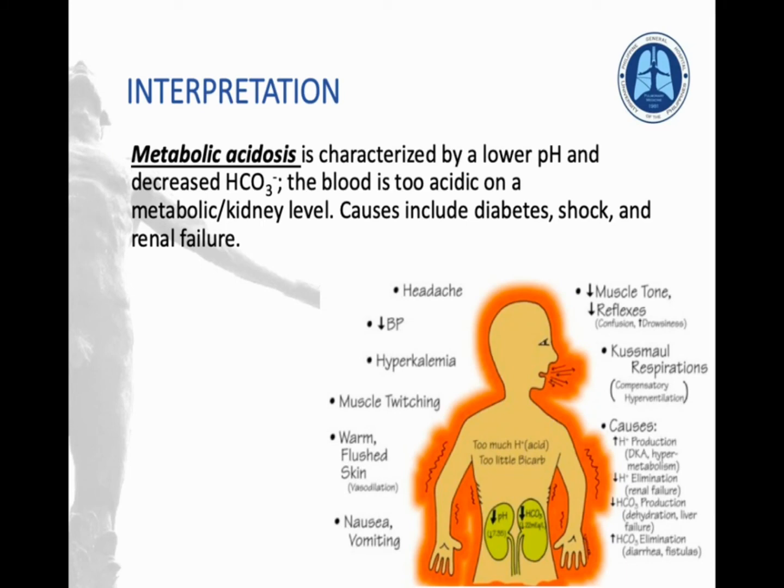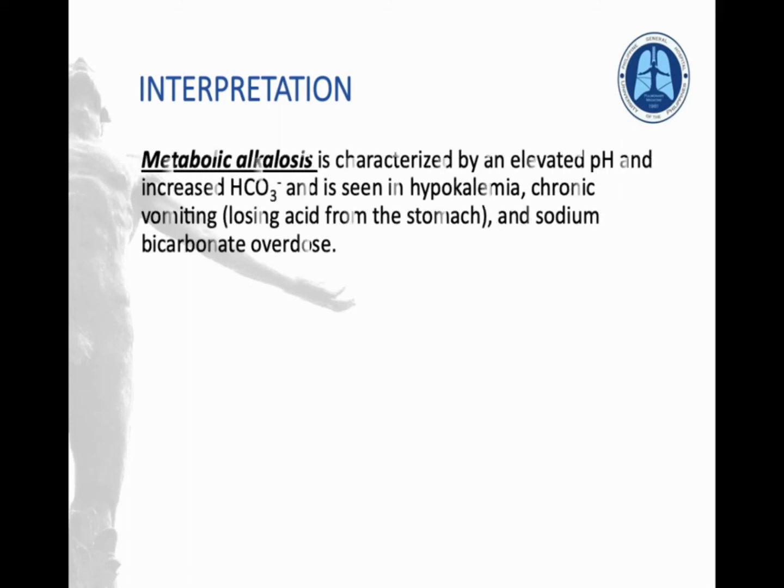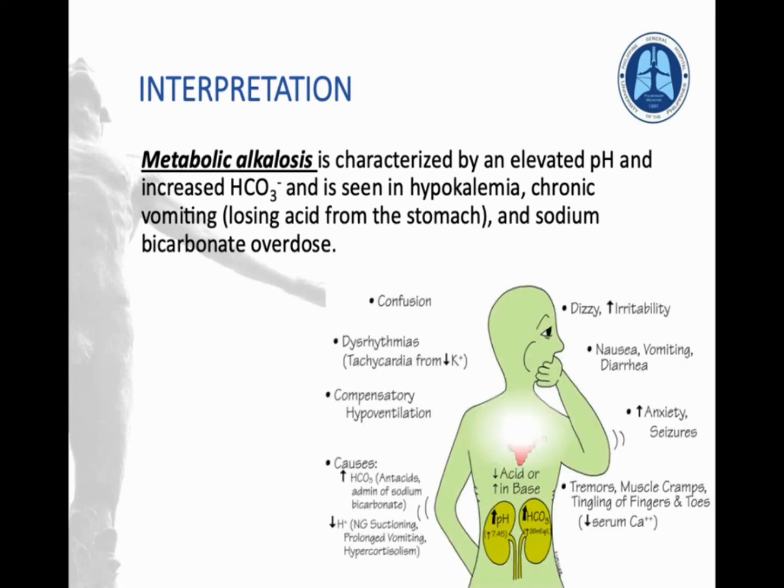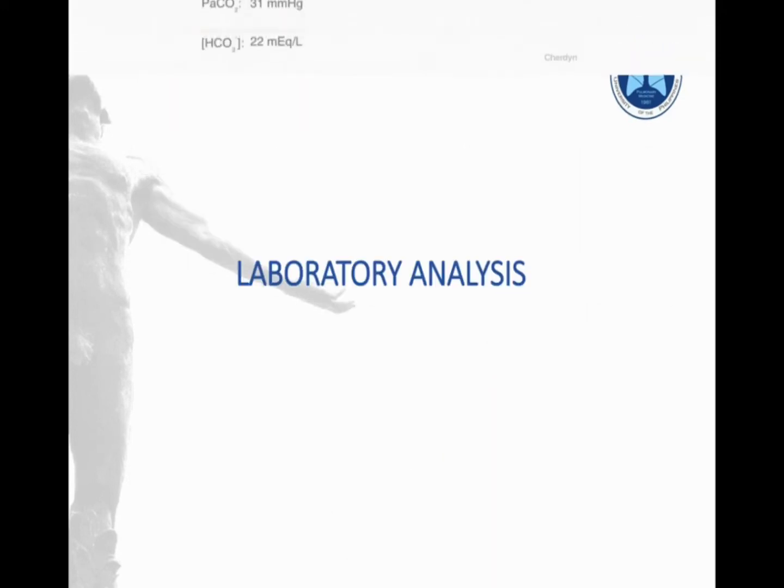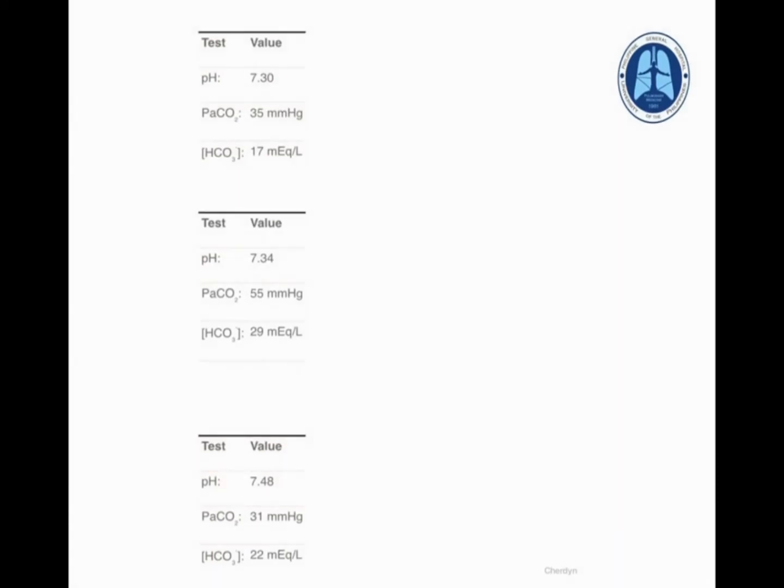The blood is too acidic on a metabolic or kidney level. Causes include diabetes, shock, and renal failure. Metabolic alkalosis is characterized by an elevated pH and increased bicarbonate and is seen in hyperkalemia, chronic vomiting, and sodium bicarbonate overdose. So let's practice to analyze ABG results.